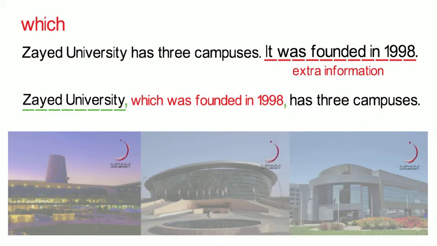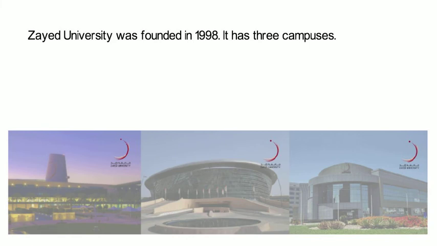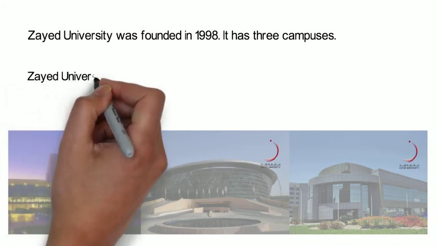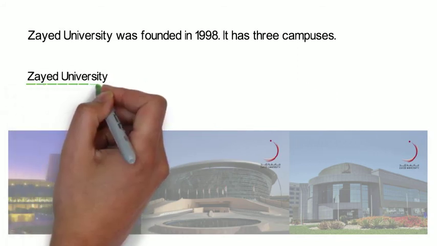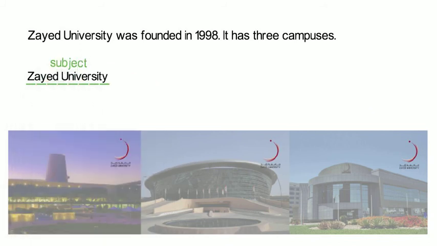What if the sentences were, Zayed University was founded in 1998. It has 3 campuses. Can you combine these two sentences using the second sentence as a relative clause? Write down your answer on your note-taking sheet. I will give you some time to think. We start with Zayed University, which is the subject of the sentence and is a thing, not a person.